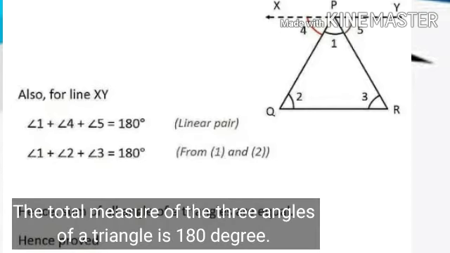Also for line XY, angle 1 plus angle 4 plus angle 5 is equal to 180 degrees, linear pair. From the first and second equations, angle 1 plus angle 2 plus angle 3 is equal to 180 degrees. So the total measure of the three angles of a triangle is 180 degrees.